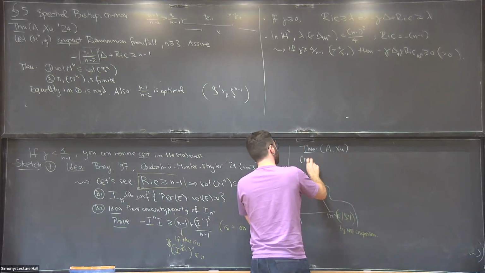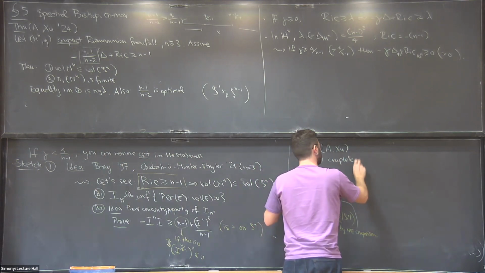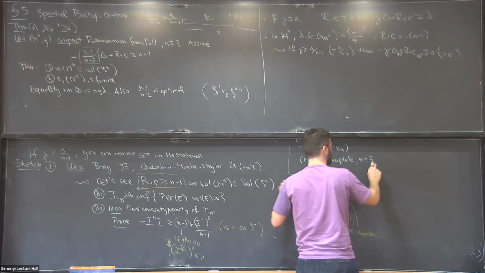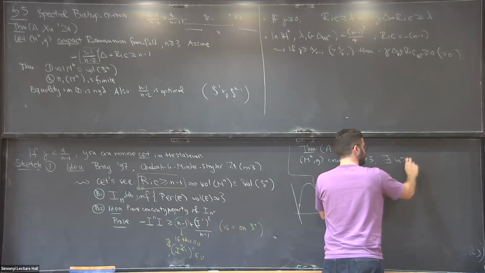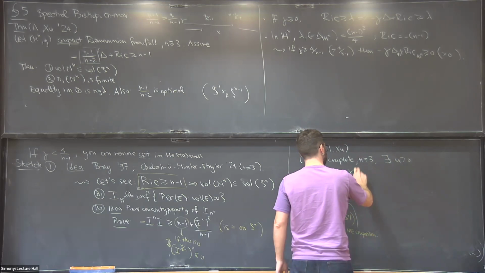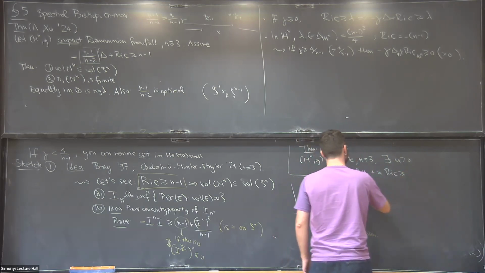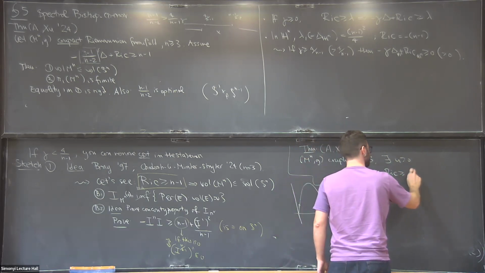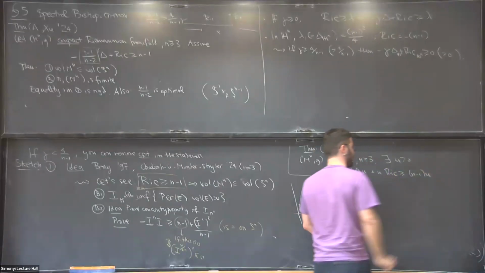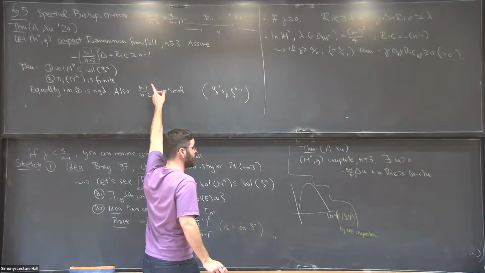If you now have a complete Riemannian manifold with n greater or equal than 3, and there exists a positive u, this function always exists whenever you have that condition.